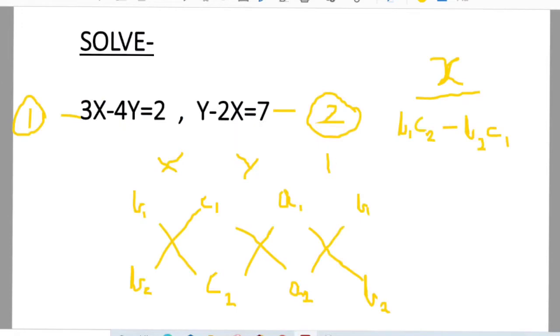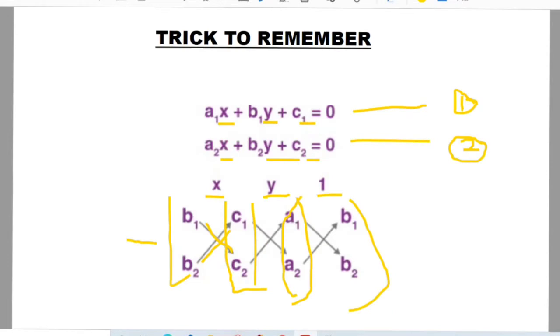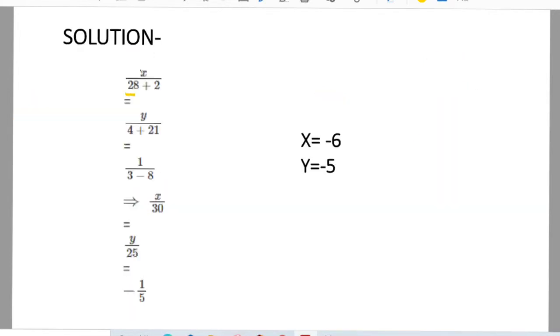Now you will wonder how this value became positive 28, because as you can see here, all the numbers should be on the left side of the equals. So if the value 7 is plus 7, when it comes to the left side of the equals, it will become -7. When you multiply -4 into -7, it becomes plus 28.